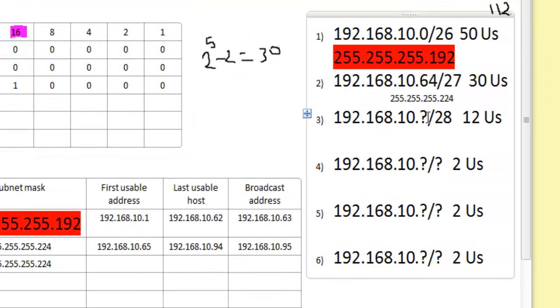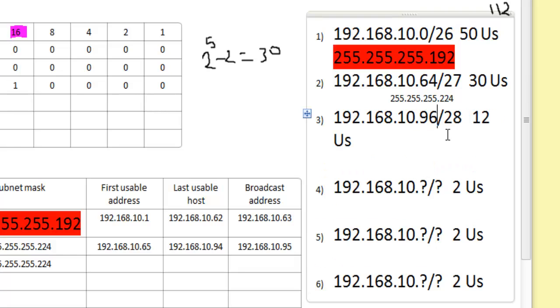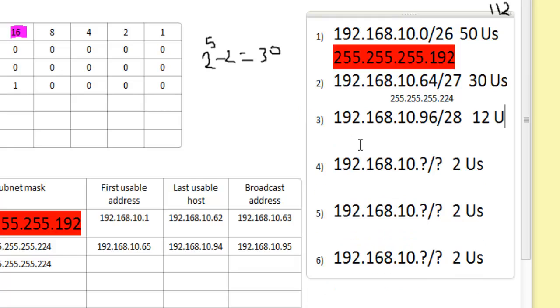And what about the network ID here? So 64, then this one will be 96. That's 96 there, for the users. That's fine. Now we know that's just users.